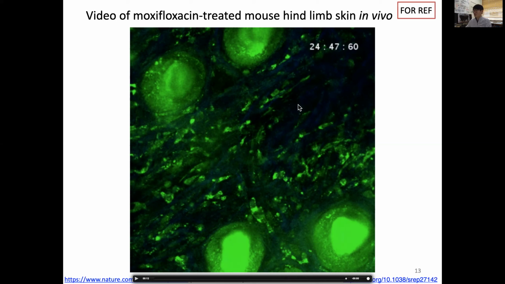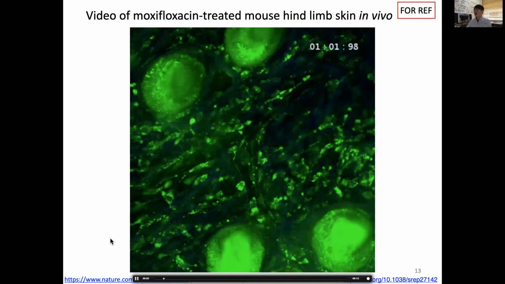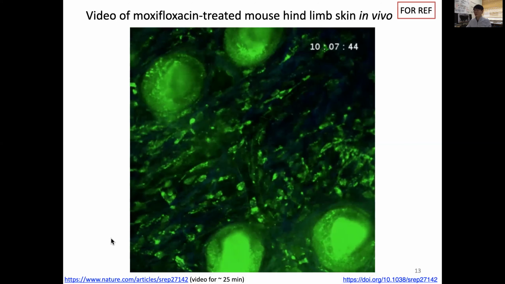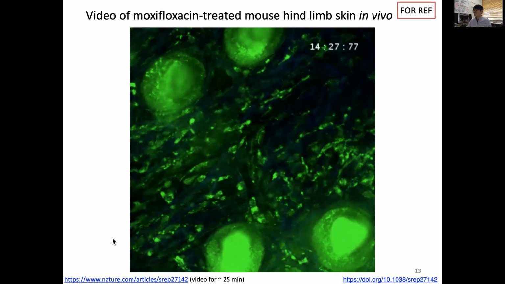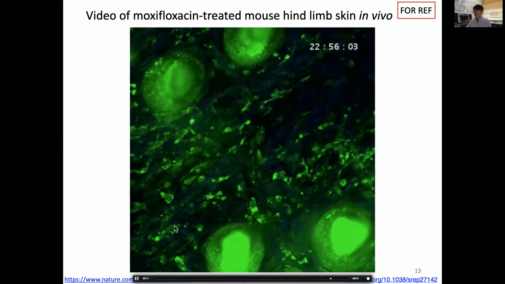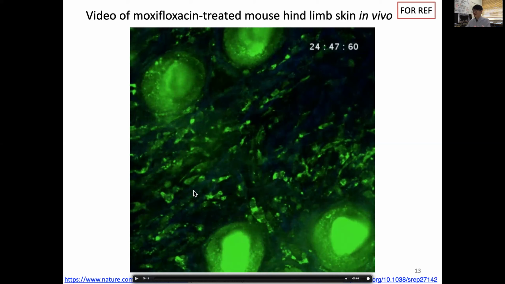So let's take one more quick run. You can appreciate how dynamic our body is in trying to help and protect us. Yeah, these cells have some granules inside and they keep moving.